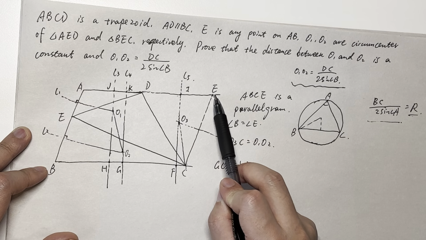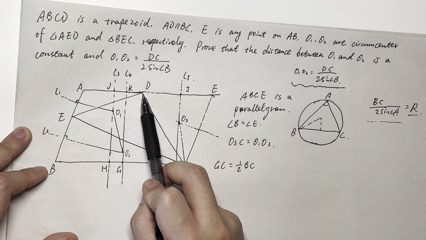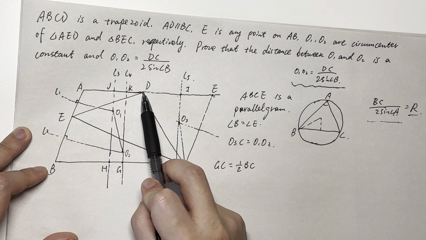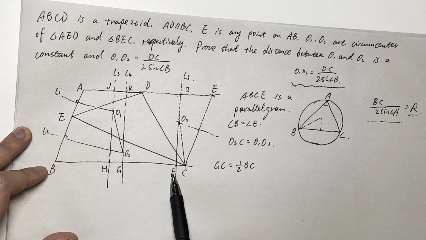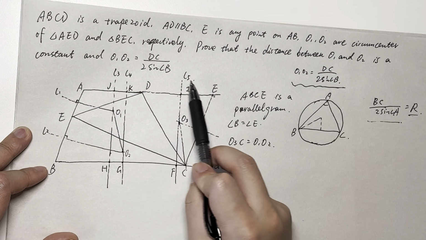Okay, so DI is half DE and DJ is half AD. So DJ plus DI, that's JI, which is the equal distance of HF. That's the distance from L3 to L5.